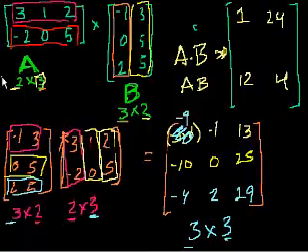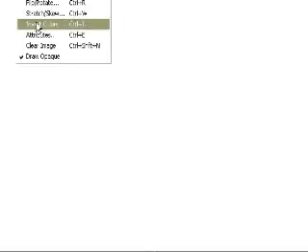Now, let me actually show you an example that you cannot multiply. Let me do a very simple example. What if I wanted to multiply the matrix 2, 1, and really all this is a row vector.